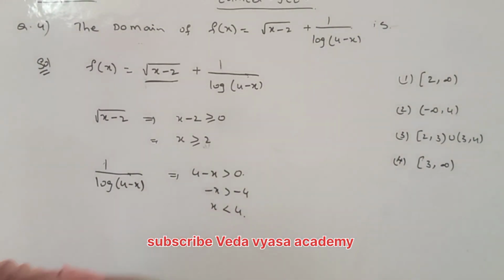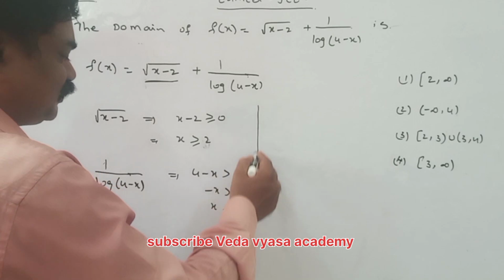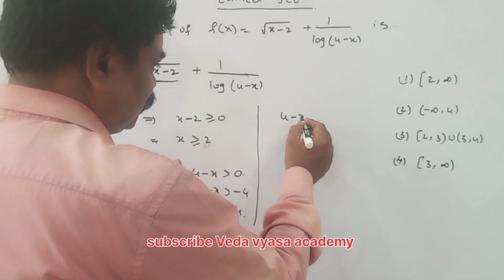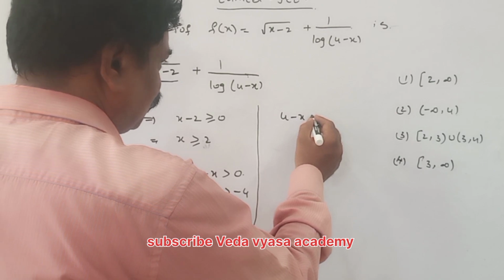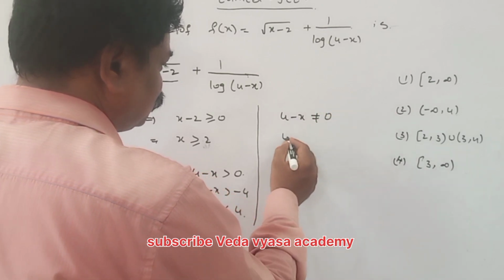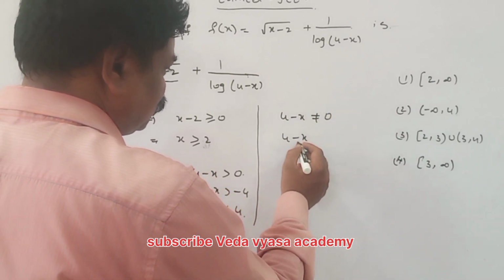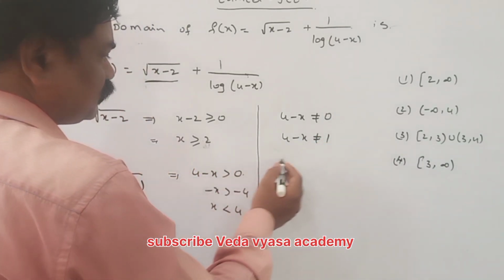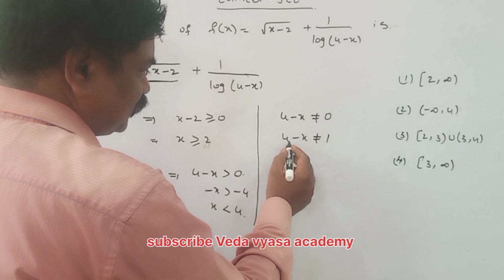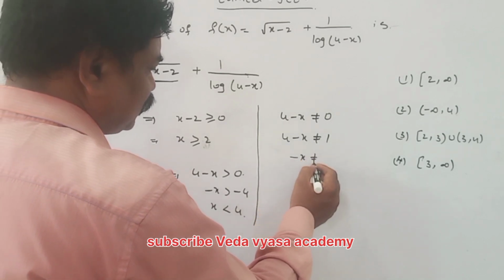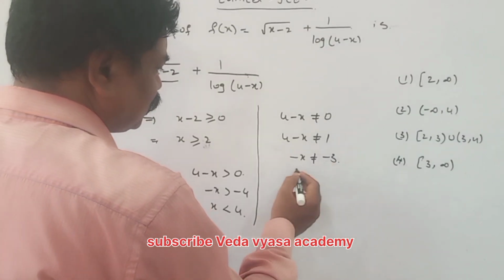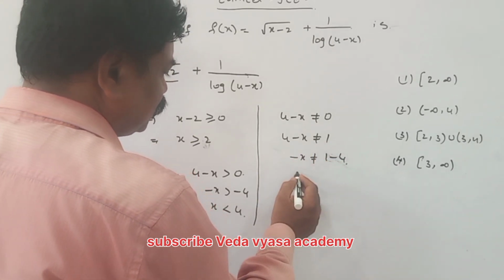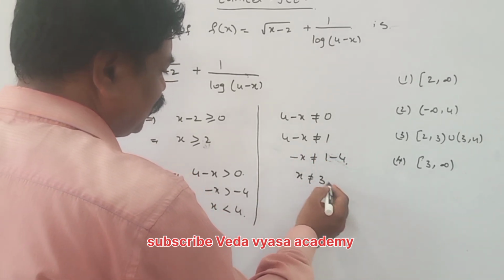Also 4 minus x is not equal to 1, so x is not equal to 3.